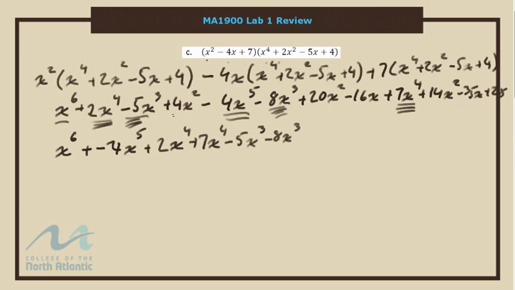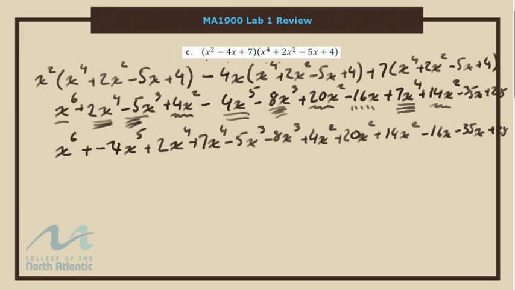So now we take a look at plus 4x squared plus 20x squared plus 14x squared, minus 16x minus 35x plus 28.